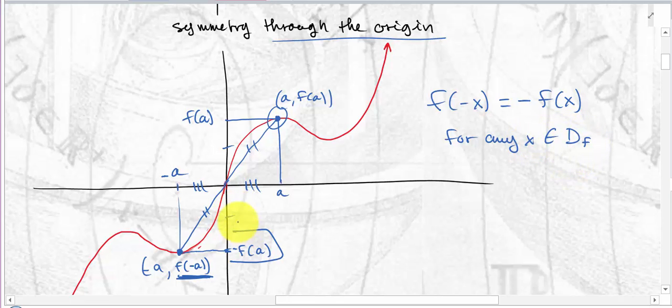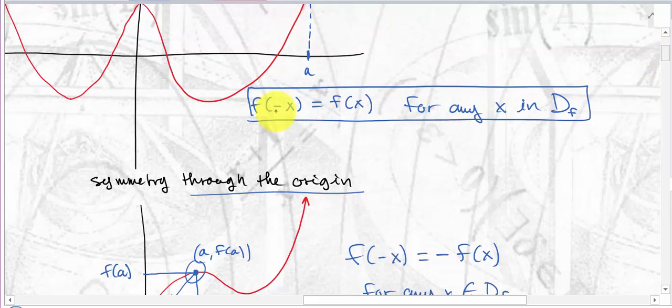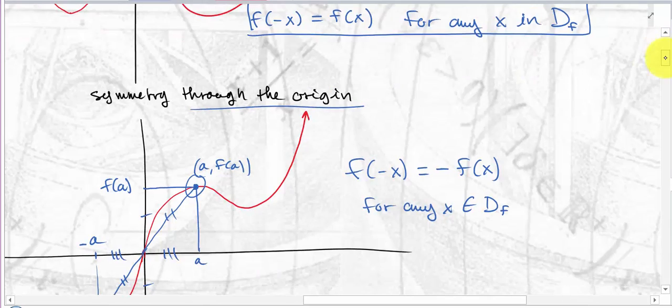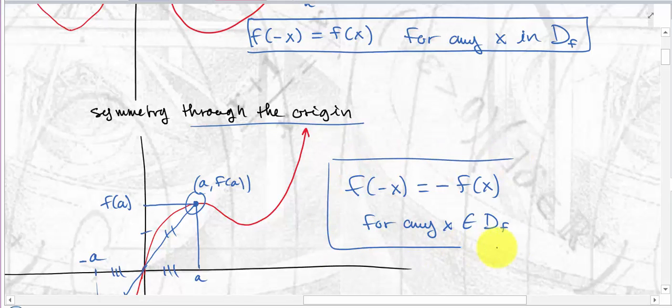That's because I want the symmetry through the origin, so I'm expecting the output at negative a to be the opposite of the output at a. So we have two relations, one for a graph that has a symmetry through the y-axis, and another for a graph that has a symmetry through the origin.